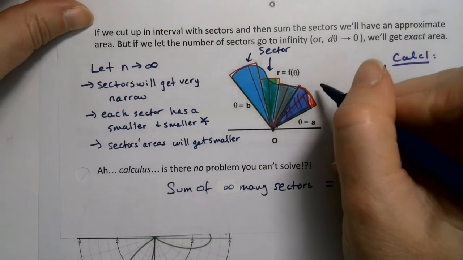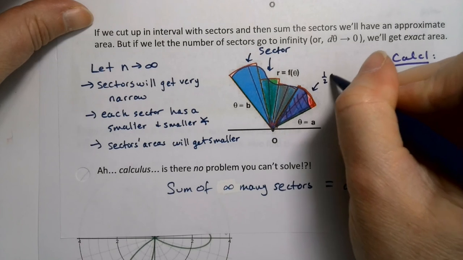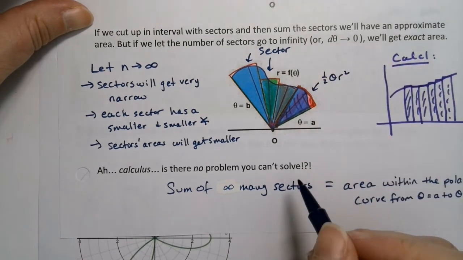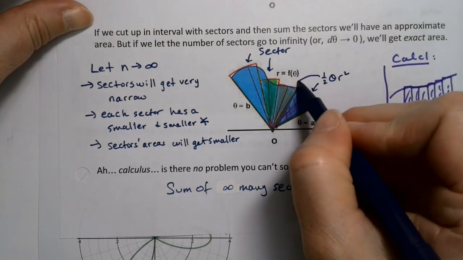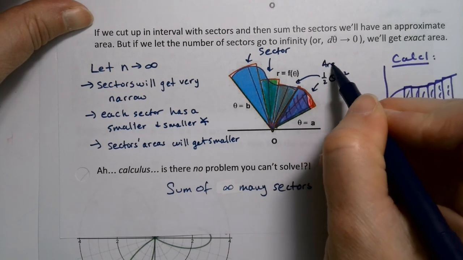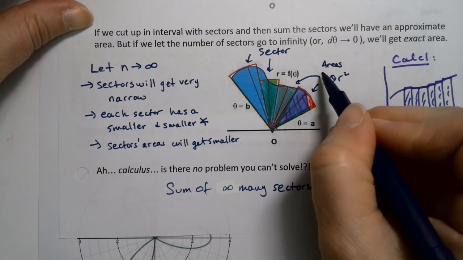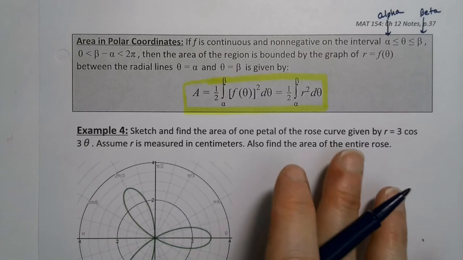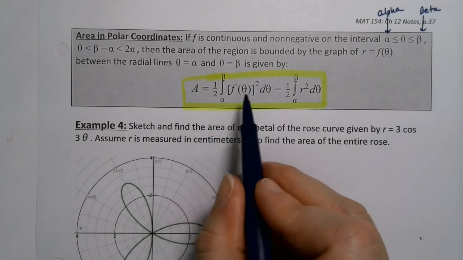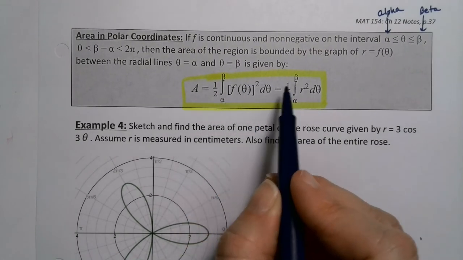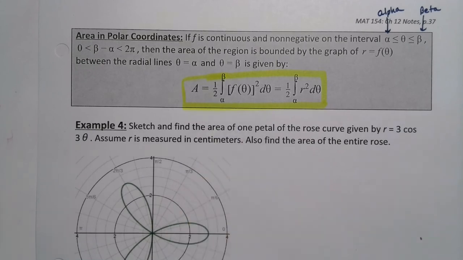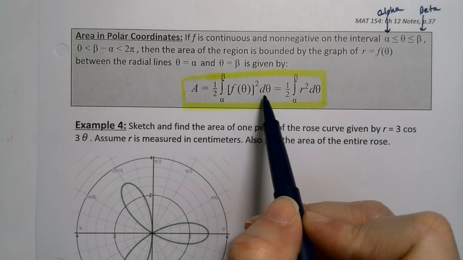Each sector has a 1/2 theta r squared formula. And so we're using those little areas here. So it's 1/2 r squared, and the theta part is taken care of from the alpha to the beta integral sign, because of course we're integrating with respect to theta.